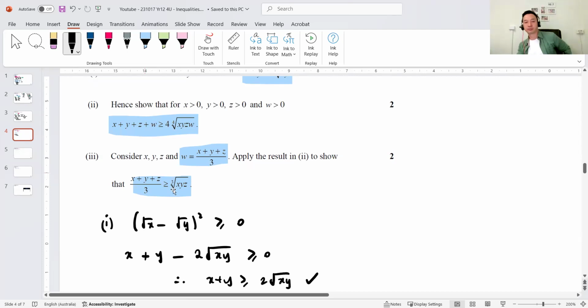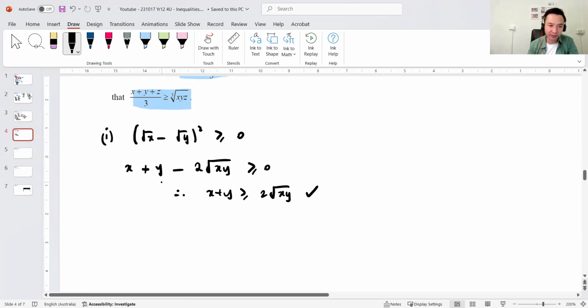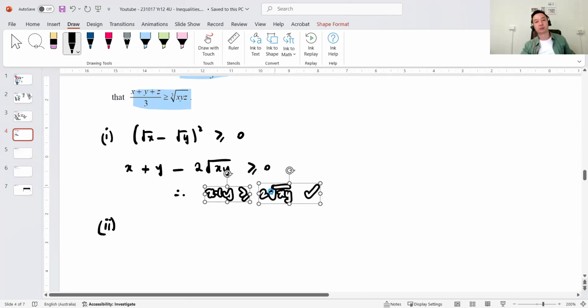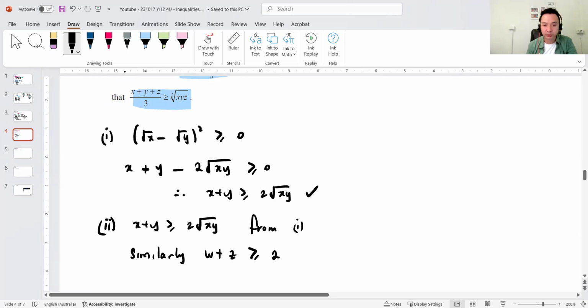Yeah, perfect. Now, the next one introduces 2 other letters besides xy, so it makes sense to go similarly. So if you go part 2, from 1, similarly, w plus z is greater than or equal to 2 root wz.